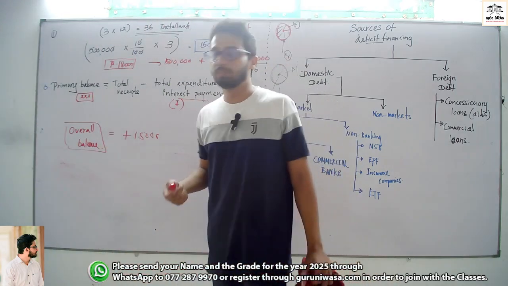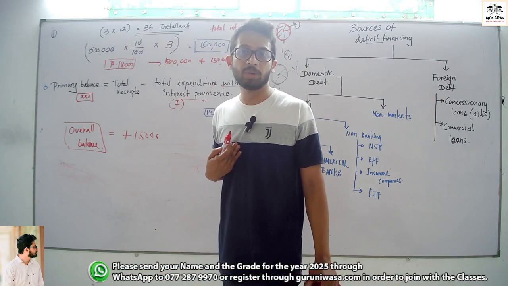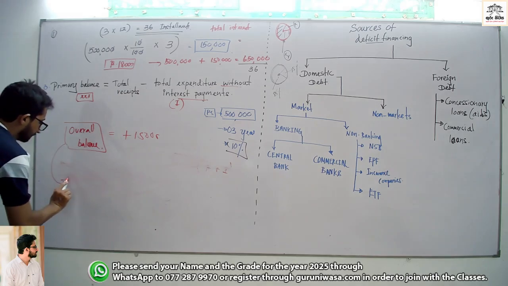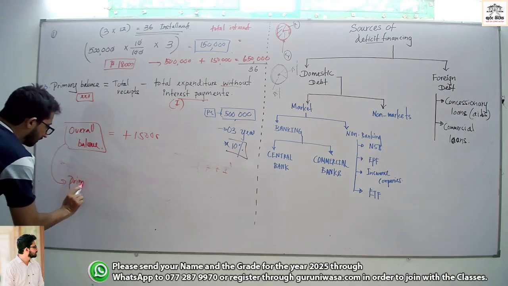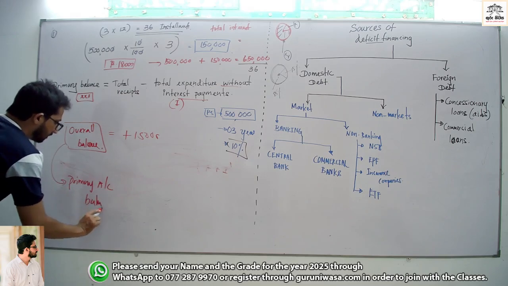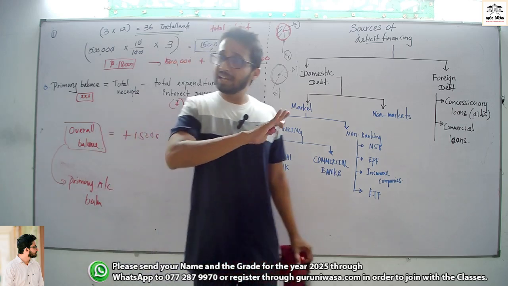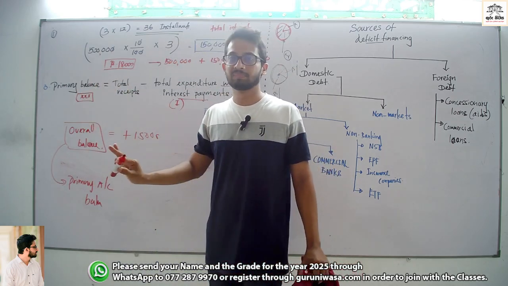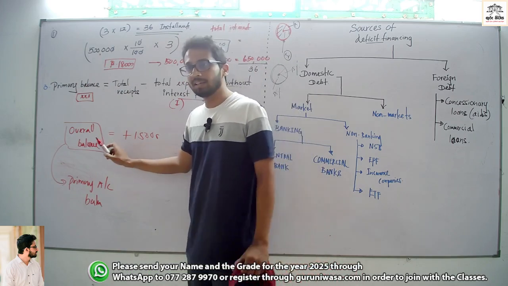Then I want to calculate primary account balance as well. You are not given any other concepts. No receipts, nothing given.